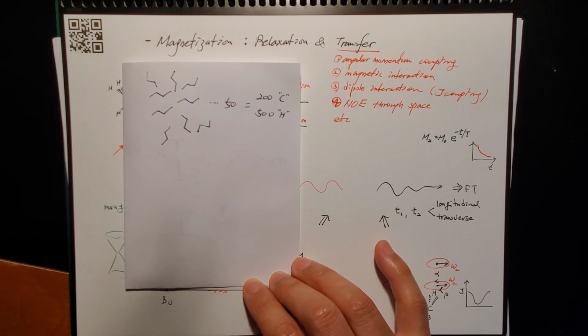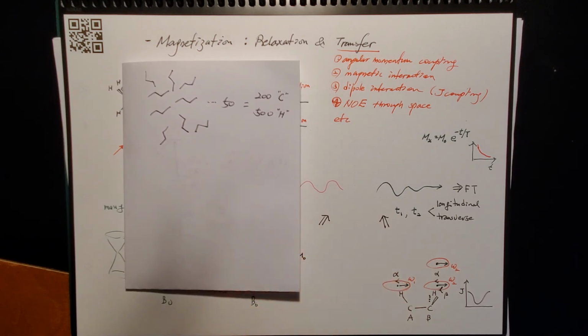Thus, there's no nucleus spin. However, we have about 1% natural abundance of carbon-13, which has an odd mass number due to the additional neutron. Thus, we can detect carbon.